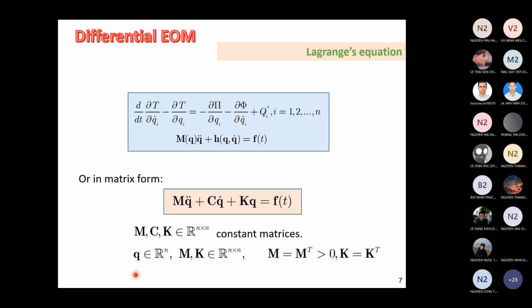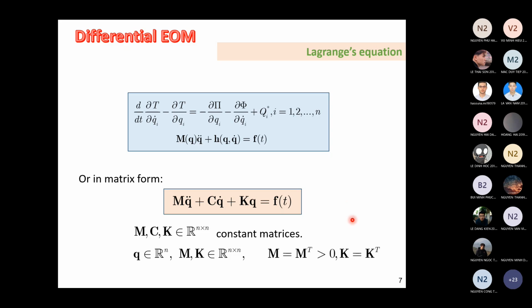With the coordinates, it is called Q. Yes. And you can see that M, C, and K are always square matrices. Always. Yes. Remember that. For the square matrix, you can see that it is equal to its transpose, they have the same sign. Okay.